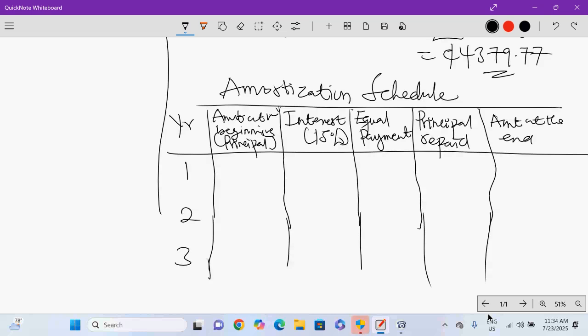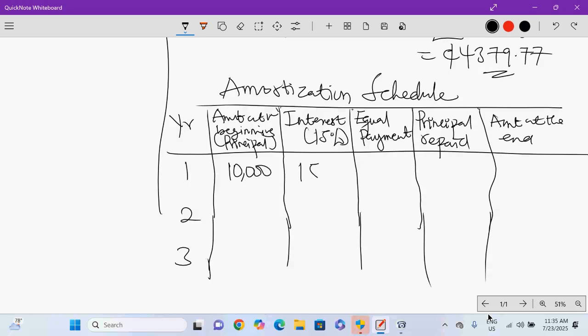So what will be the amount at the beginning? Sorry, this is not a fund, this is amortization. So what is the loan amount? The principal is 10,000. We are supposed to pay interest on it.